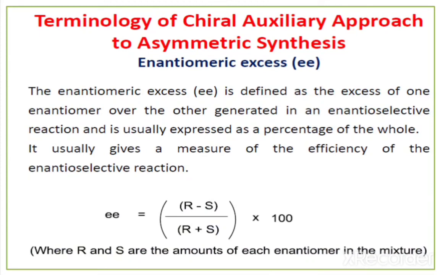It gives a measure of the efficiency of the enantioselective reaction, and it is calculated using a simple formula: EE, that means enantiomeric excess, is equal to R minus S divided by R plus S, times 100, where R and S are the amounts of each enantiomer in the mixture.